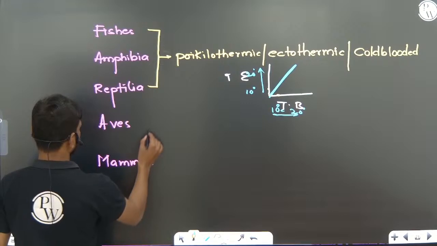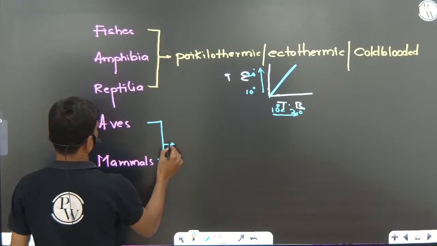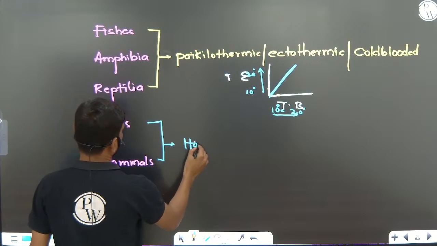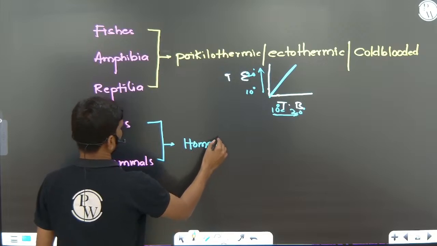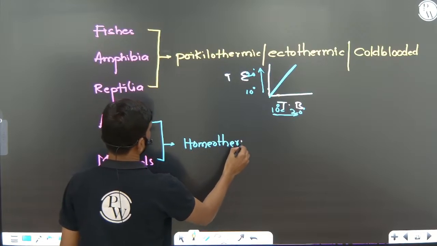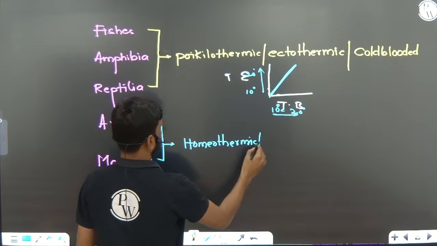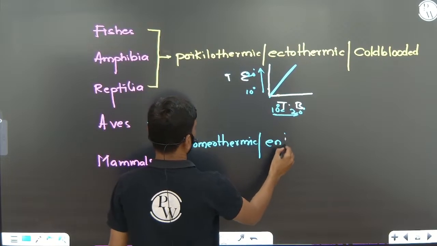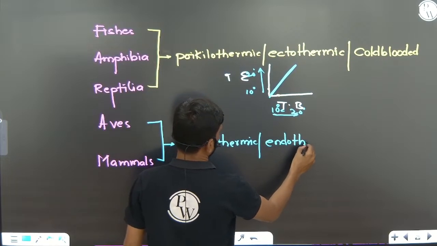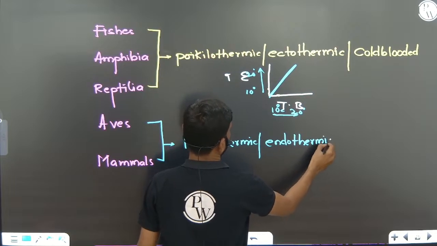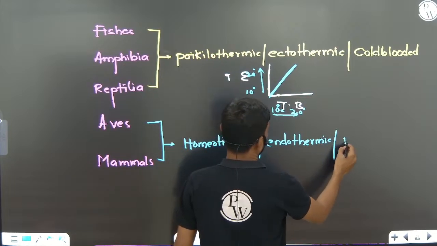But these two are homeothermic, or endothermic, or warm-blooded animals.